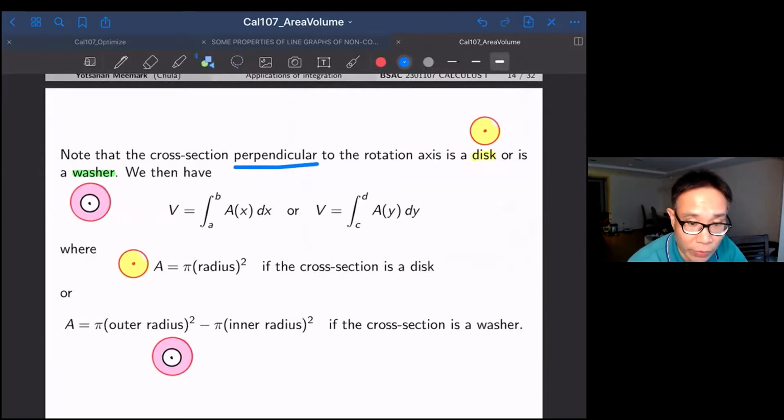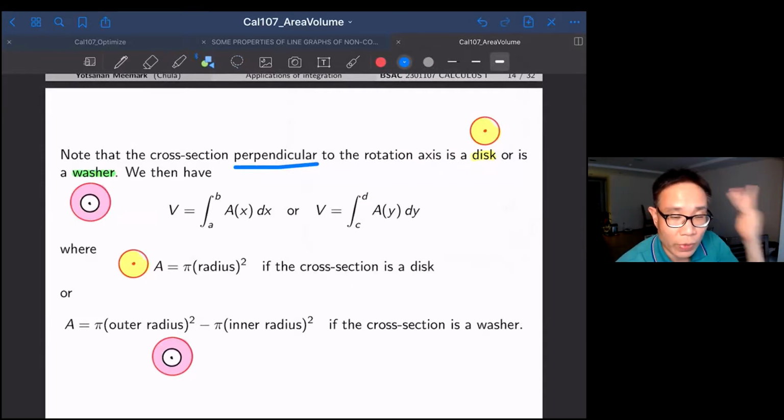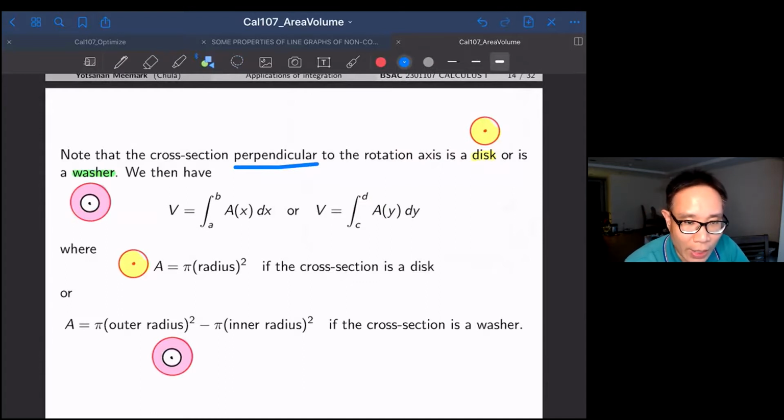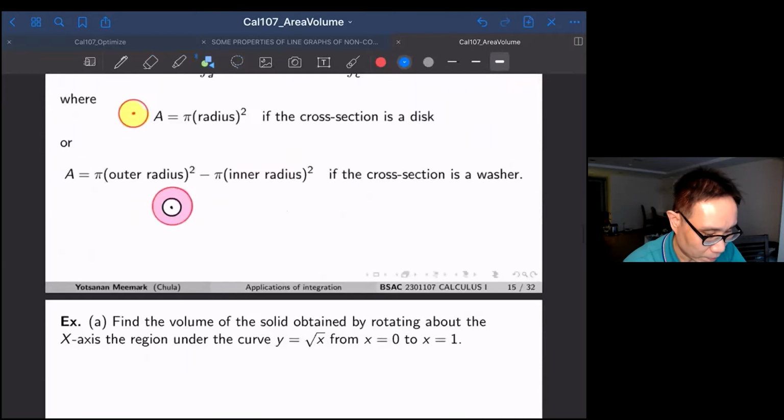Another thing I'd like to emphasize is the perpendicular to the rotational axis. It means that you're gonna integrate from A to B, whether you have the washer or the disc, the cross section, and you'll obtain the volume of the solid that you're looking for.